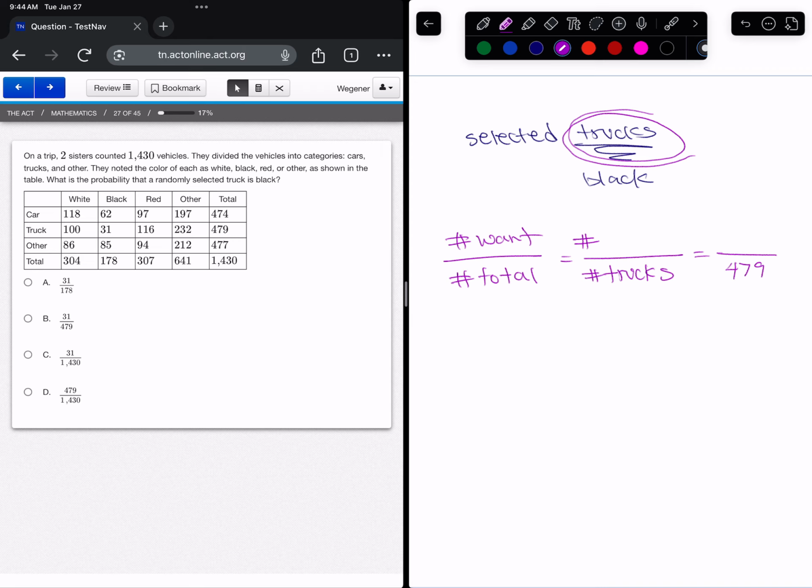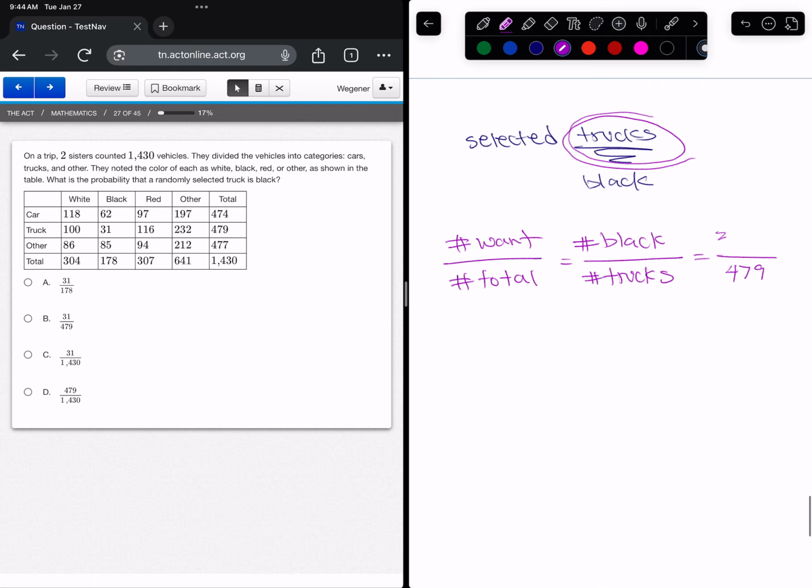And then the number that we want is, well, how many trucks specifically are black? In this situation, we look at trucks and black. Where do they intersect? Well, they intersect at 31. So the answer is 31 over 479, okay? Please, when it comes to probability, be careful of how it's worded. It's trucks only. It's not total.